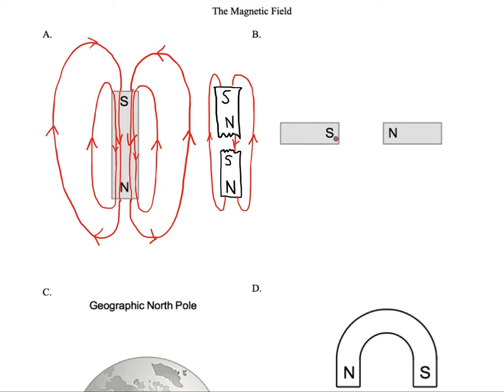If we're to draw the correct magnetic field lines in this situation, we have to assume that magnetic monopoles do not exist. This is fundamental to magnetism. So in these bar magnets, there would not be just a north alone. There must also be a south here and a north here.